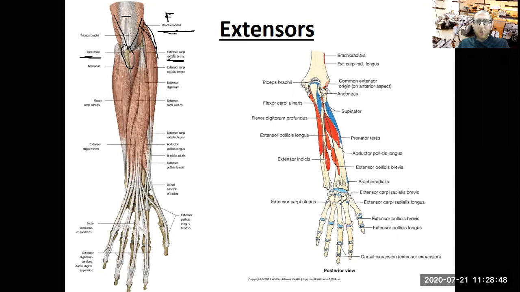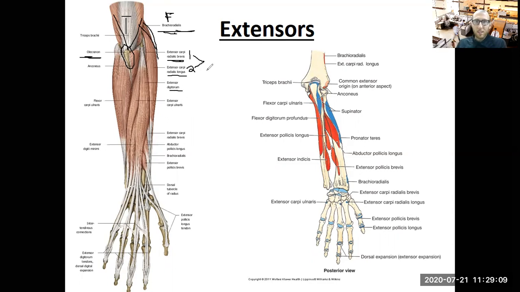But then we can see similar names like the extensor carpi radialis brevis. If there's a brevis, there's a longus, that's number 2. These you can form together, and same muscle, but one's a brevis, one's a longus. They do the same thing, but they're different divisions of that muscle.